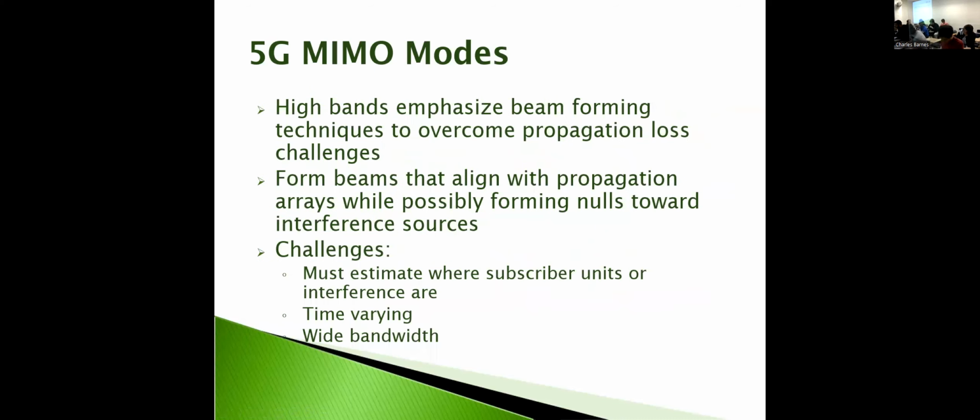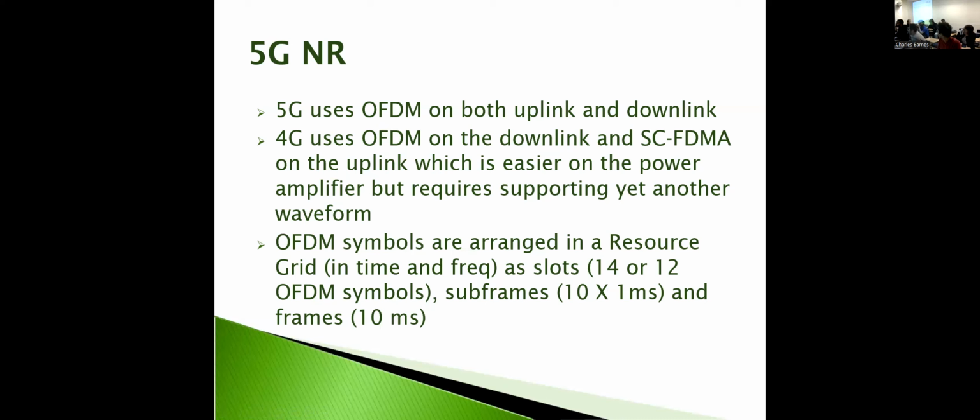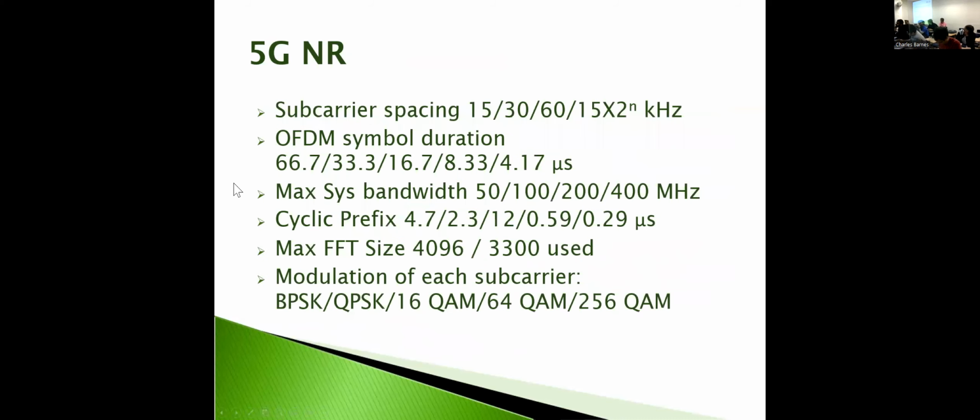Do I have a grid? I guess I didn't get a grid pasted in there. But I think I had it in a previous lecture, maybe Tuesday's lecture, or maybe last Friday's, where there was a grid, and the vertical dimension was frequency, and the horizontal dimension is time.